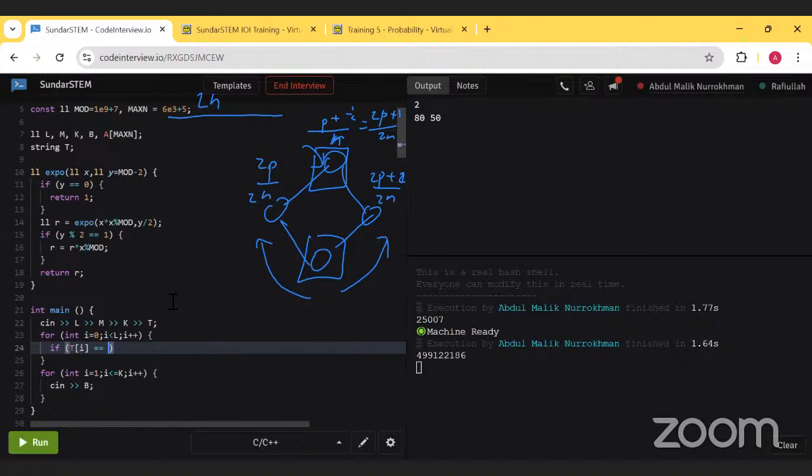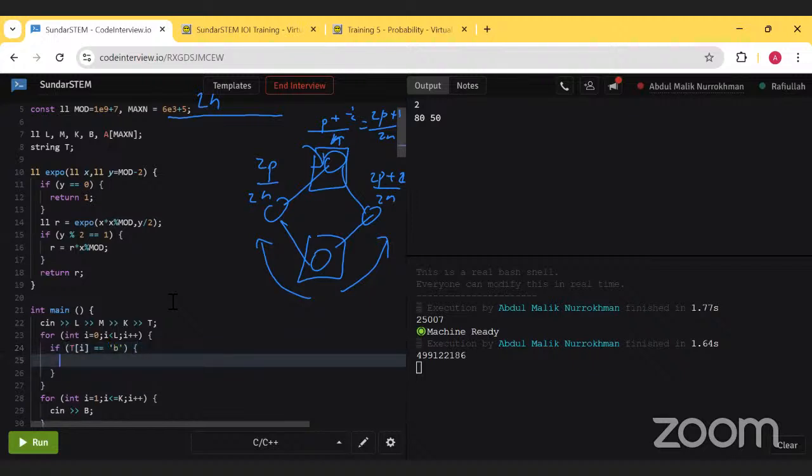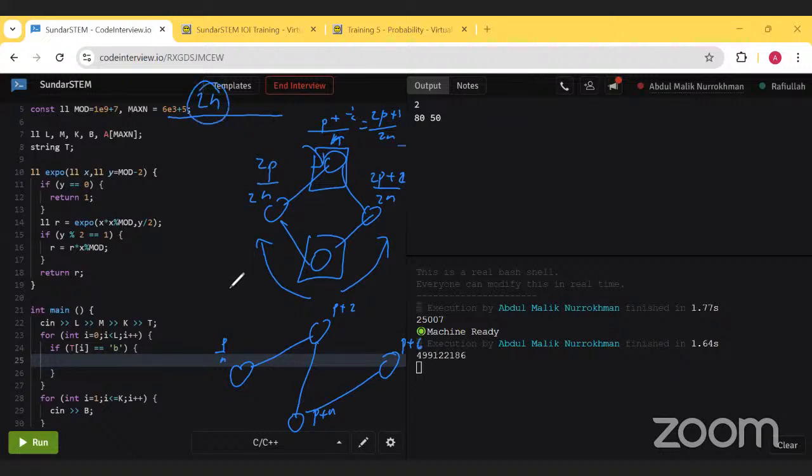If the character is p, then the case will be like this. If this is p divided by n, then this is p plus 2, and then this is p plus 4, and then this is p plus 6. Note that we already multiply it with 2. Okay.